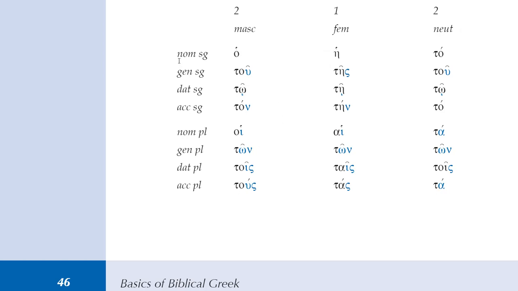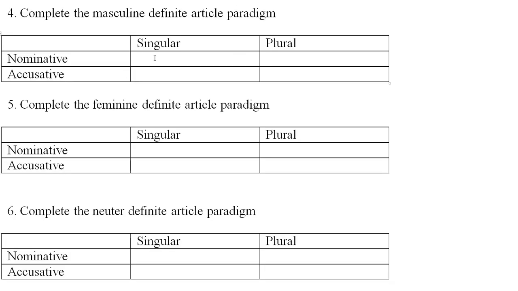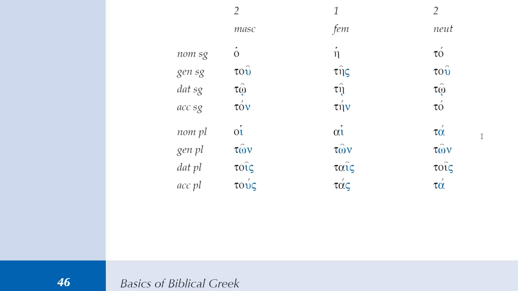And then we have nominative singular, genitive singular, dative singular, accusative singular, and then we have the plurals of all of those. The first set we're going to fill in are the masculines for the nominative and the accusative. So this week we are focusing on nominative and accusative.